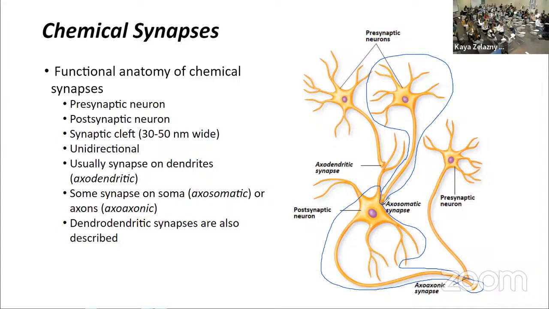And we have a little gap here called the synaptic cleft in the middle, where we're going to have chemicals traveling back and forth. This is why it's a chemical synapse. So we're going from a presynaptic neuron, then we have the synaptic cleft in the center, then the postsynaptic neuron. And this is usually happening between the axon terminal of the presynaptic neuron and the dendrite of our second neuron. It can happen in other cases.